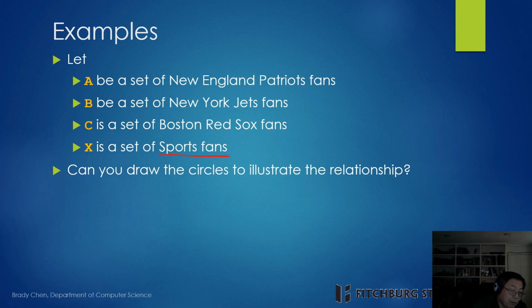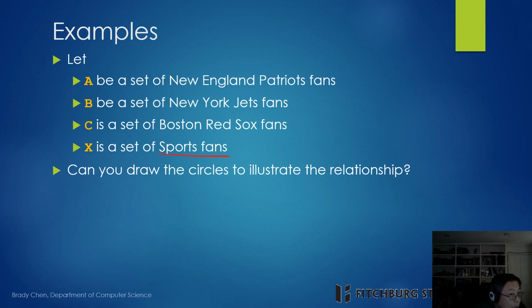You notice, we can just have a circle with an overlapping, the subset, something like this. But before we draw it, let's discuss some of the interesting questions. If A is a set of New England Patriots fans, so if I'm a New England Patriots fan, do you think I could be a New York Jets fan?